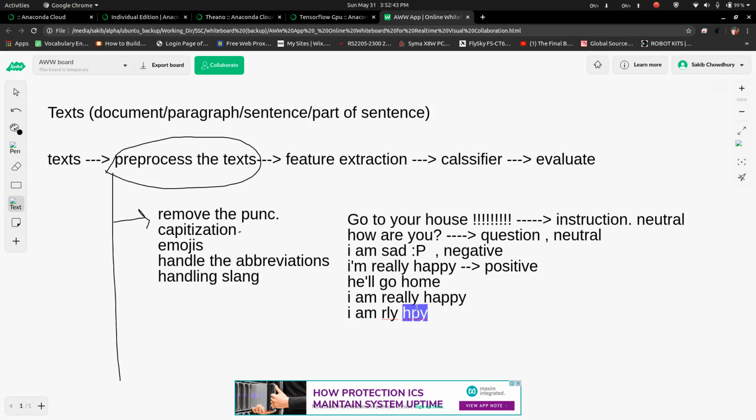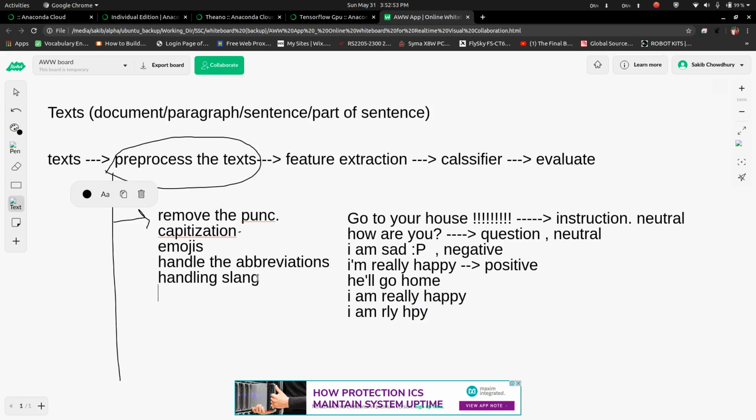Both of these mean the same thing, but we have used two different versions of the same word. So we have to correct these spellings and handle these. So, spelling corrections.